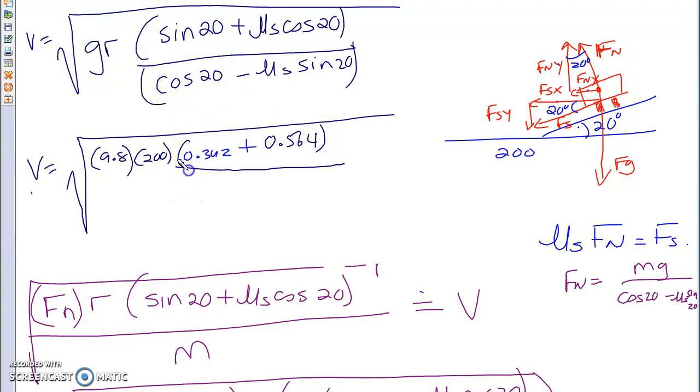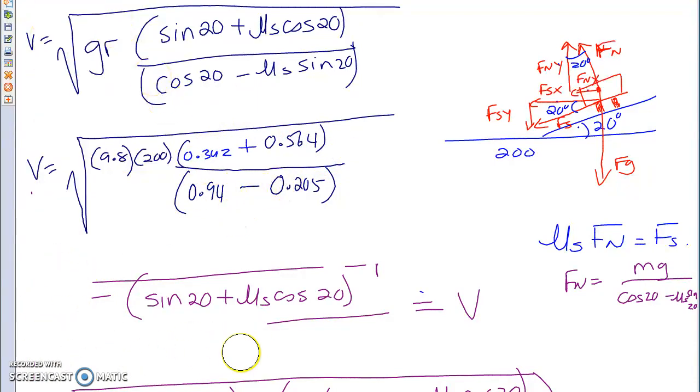Okay, what's cos 20 by itself? Minus 0.60 times sine 20. 0.205. Okay, so now of course you're going to add those two together and subtract those two.